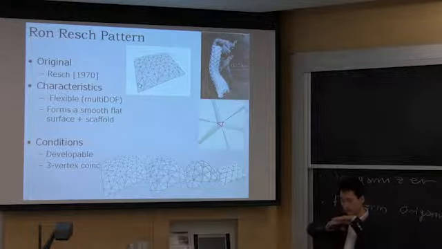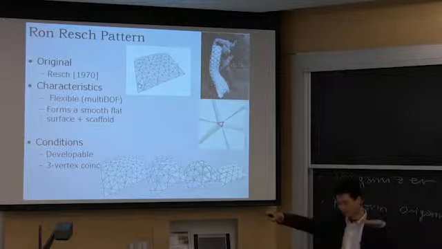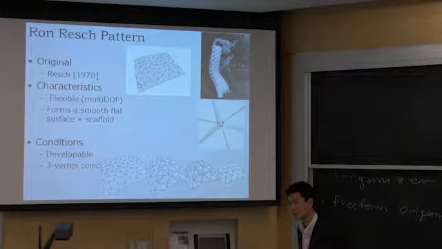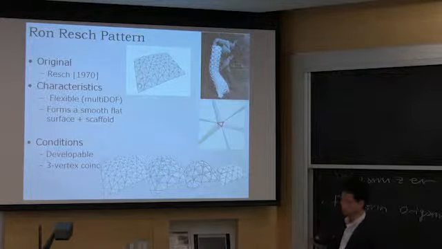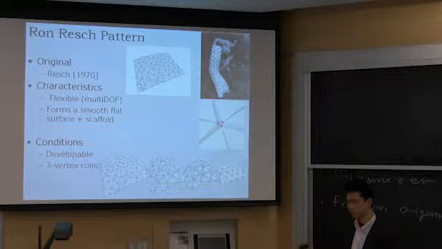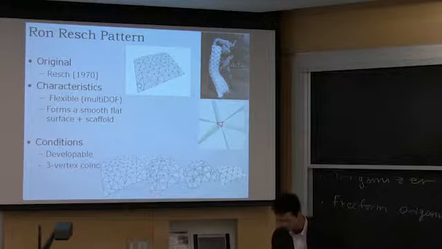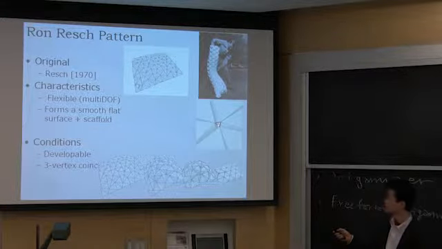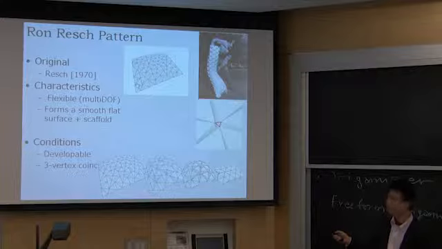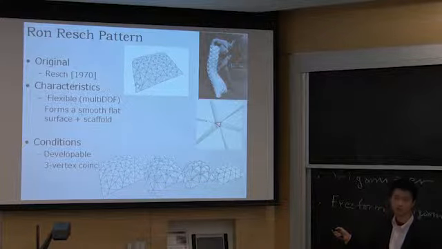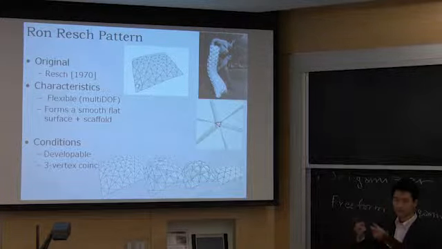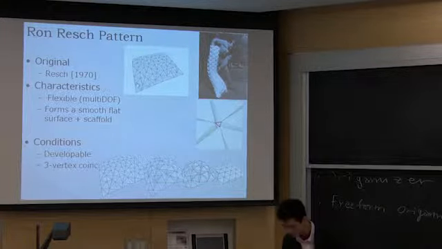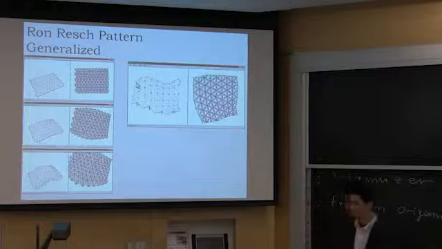So it's composed of a top surface and tucks inside, just like this bunny, but it's more flexible and it can fold from a sheet to the 3D form. In order to design this, we assigned the condition that in the 3D state, these three vertices form one vertex. That's an extra constraint to enable generalization of Resch's pattern.